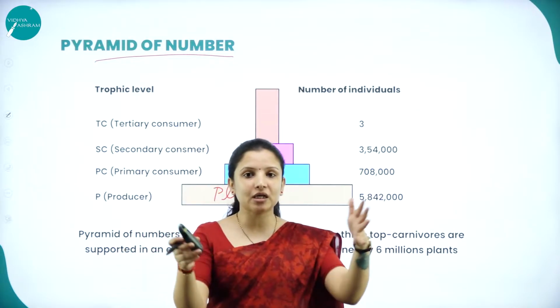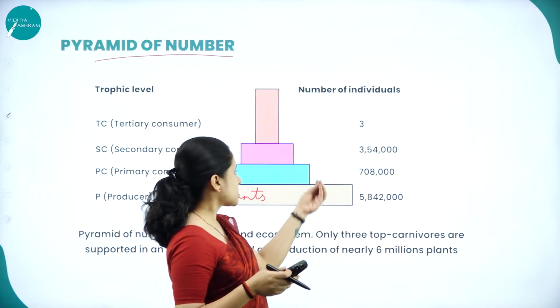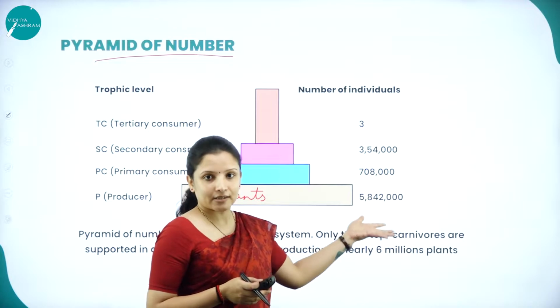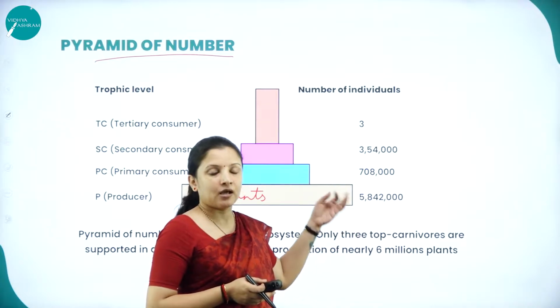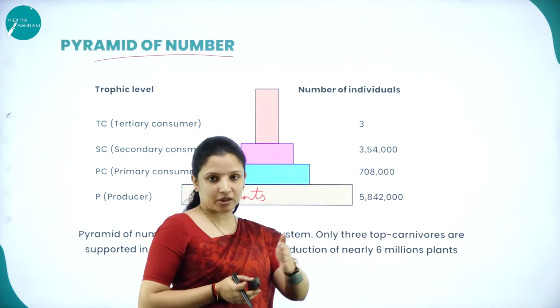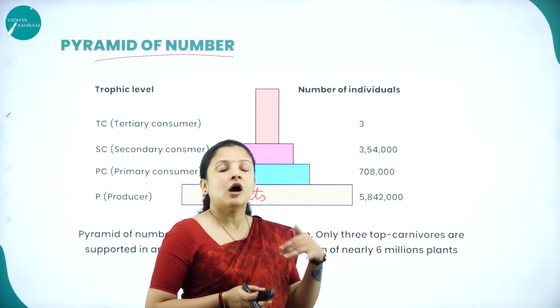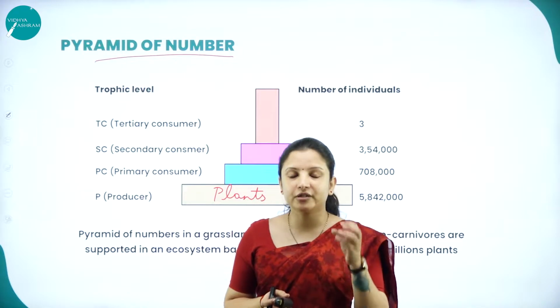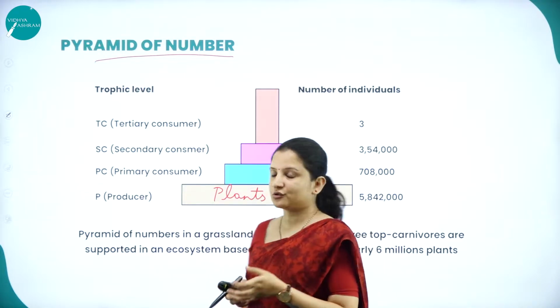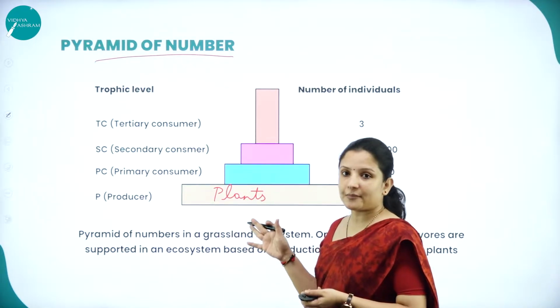Like in a particular area, how many plants are there, and in the next trophic level in a particular area, how many primary consumers are there, how many secondary consumers. Here you're counting it, you're giving numbers to it. So that is why it is called pyramid of number.